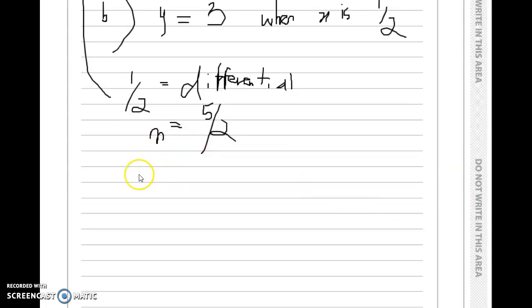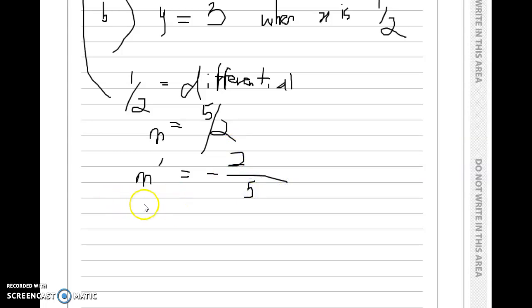To find the gradient of the normal, we take our gradient, divide 1 by it and put a minus sign. So this will be minus 2 over 5.